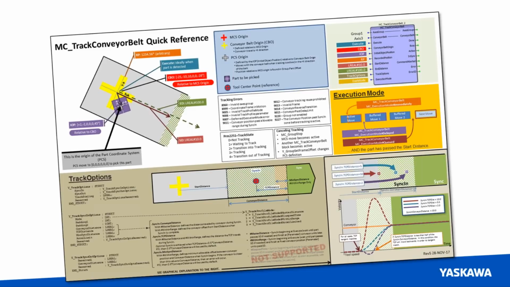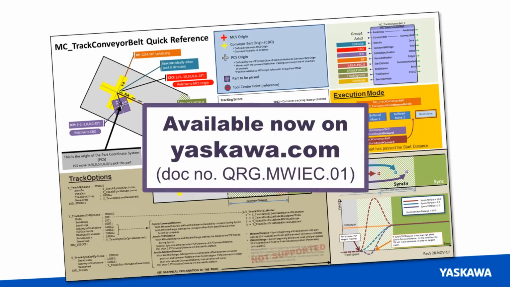It is available now on Yaskawa.com, and you can see what the document number is there. All of the things that are on that sheet we're going to discuss in this presentation.